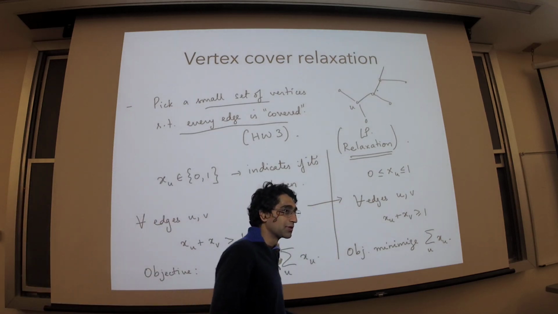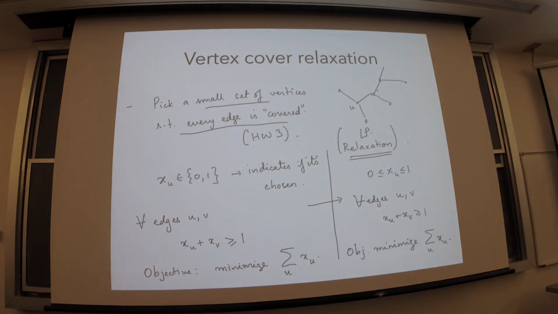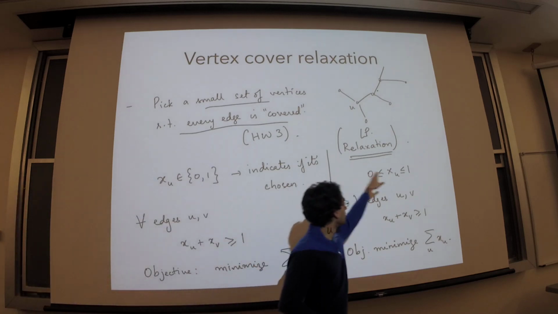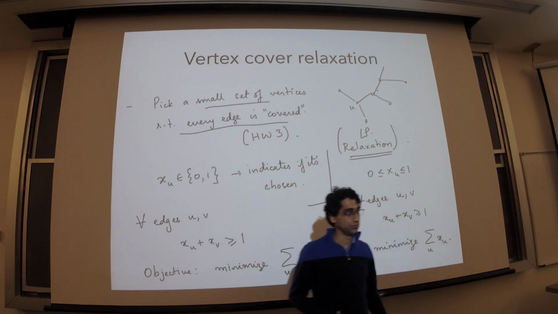But what could be an issue with the solution that it produces? Predictive is not a binary value. Yeah, so if you solve the relaxation, you get some feasible solution to all of these constraints, and you will try to minimize the sum of ux.